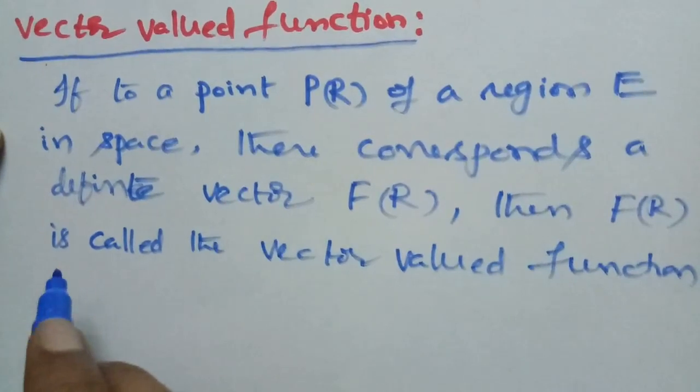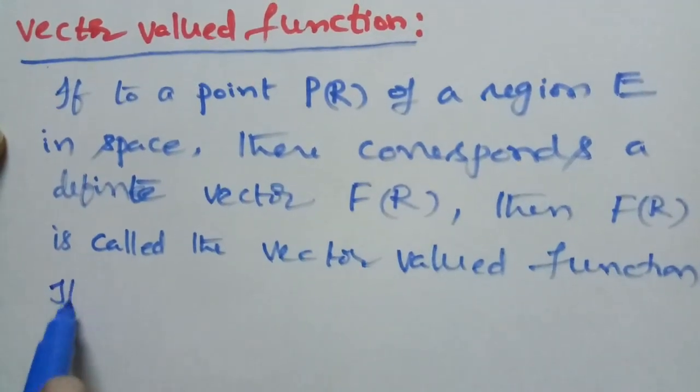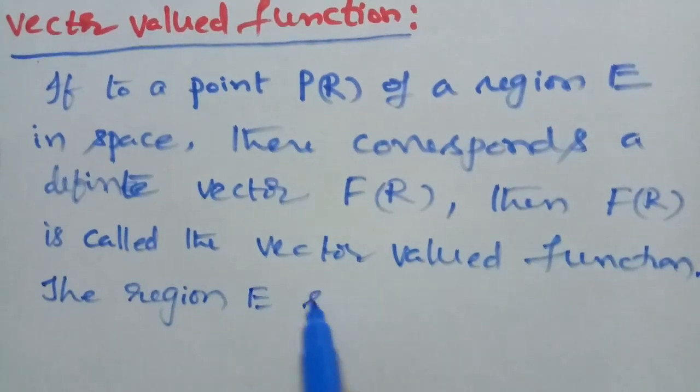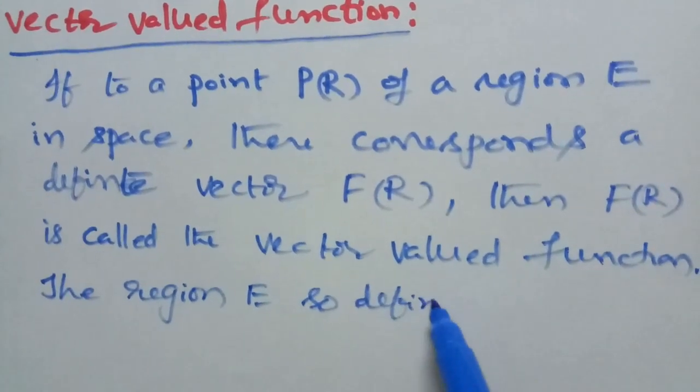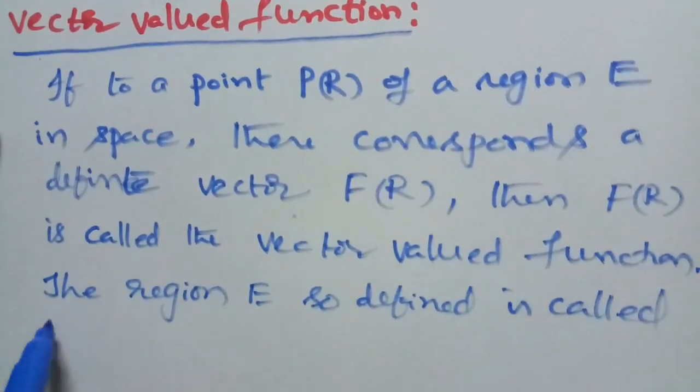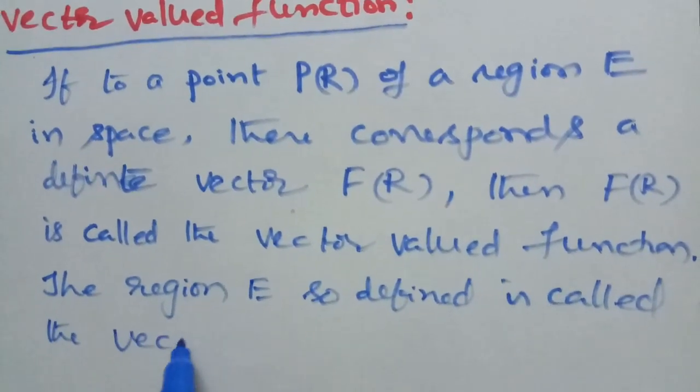The region E so defined is called the vector field.